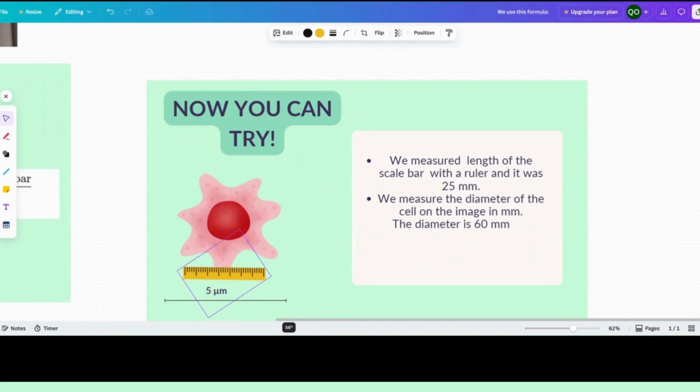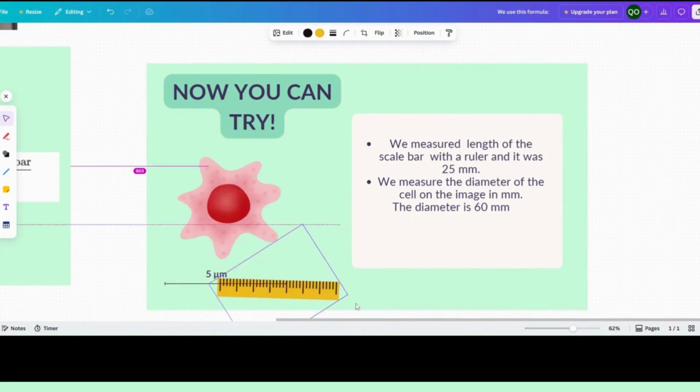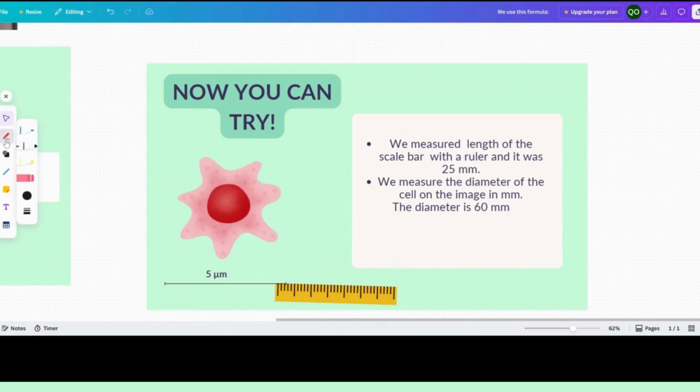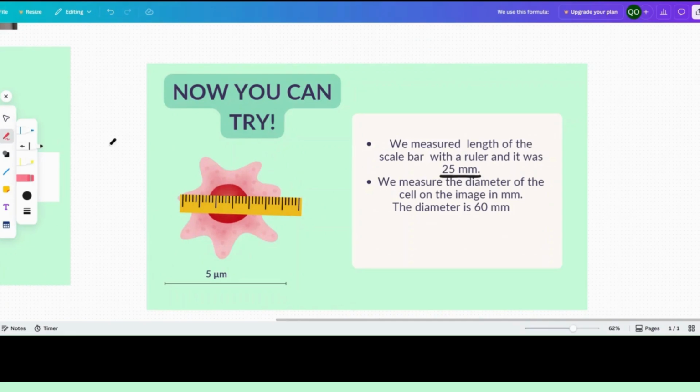Let's say when we measured it, we found it to be 25 millimeters. Now we need to measure our diameter, and let's say when we measured our diameter, we got it to be 60 millimeters.